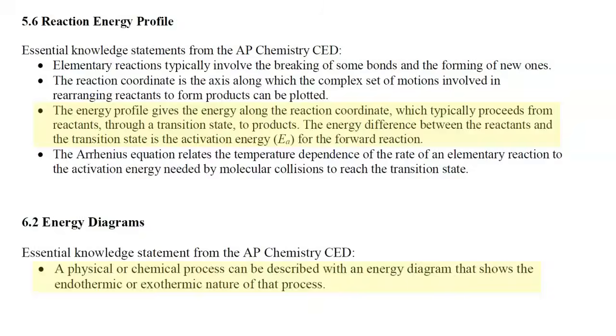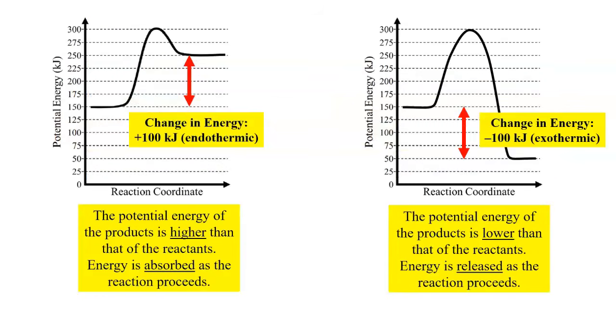Now, on this next slide, which I presented in my video for topics 6.1 to 6.5, is a compare and contrast between the energy diagram on the left, which is an endothermic process, and the energy diagram on the right, which is an exothermic process.